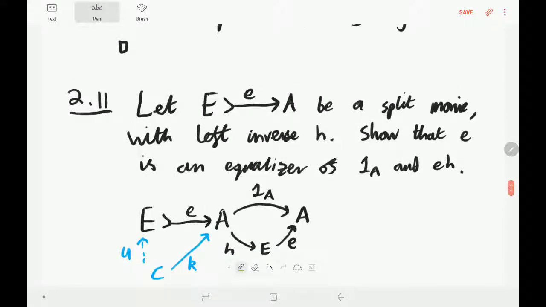Now exercise 2.11. We're asked to show that any split monic e from E to A, which has a left inverse h, is an equalizer of the identity of A and e after h.